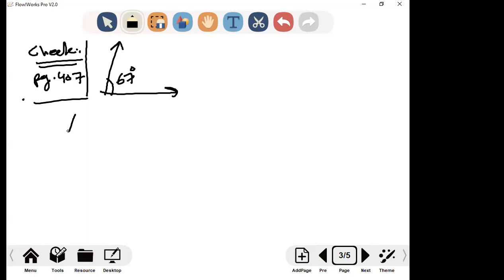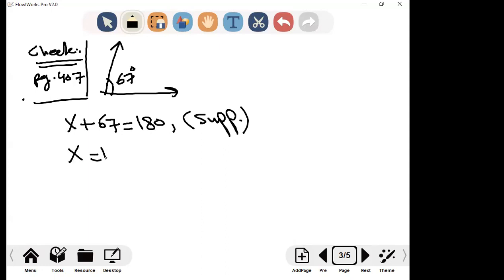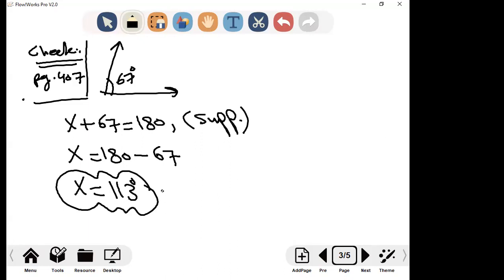So x plus 67 should be equal what? 180. Why? Because they are supplementary. Means x equal 180 minus 67 means x equal 113. Done? Do the check. Do it in your book.